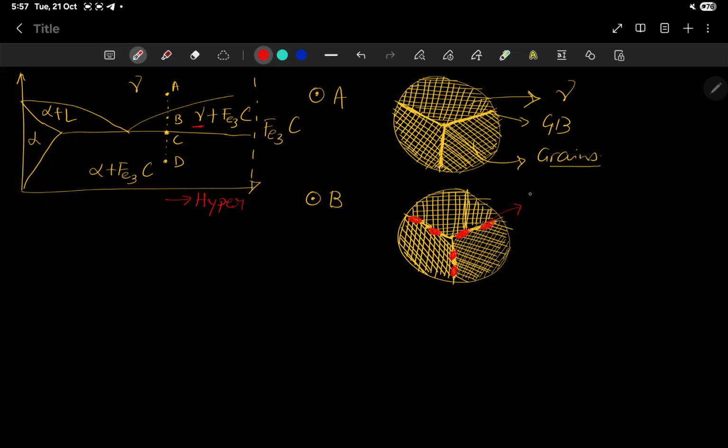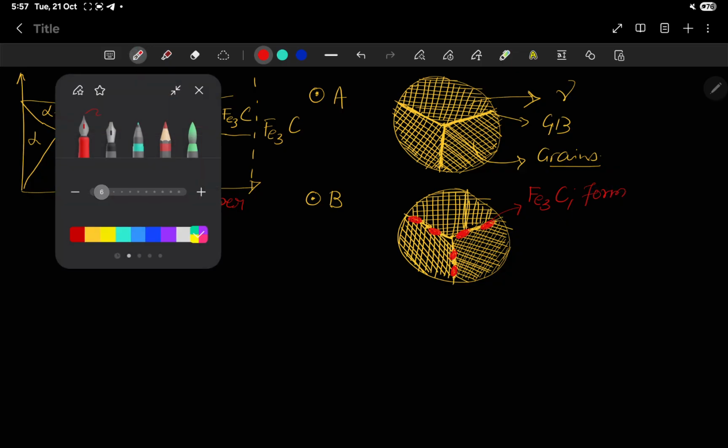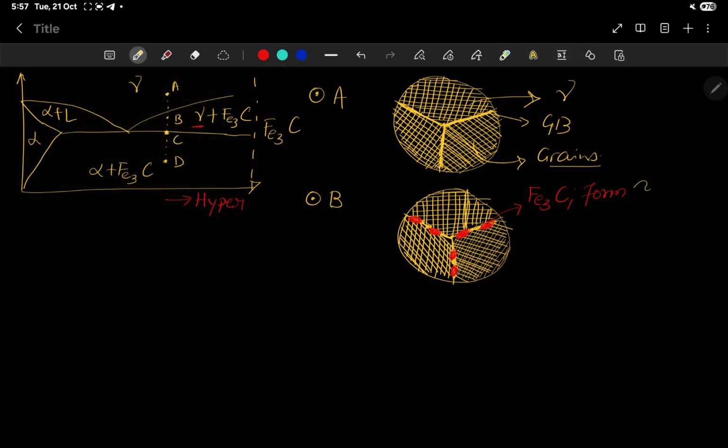So this is Fe3C, this forms at the grain boundary.